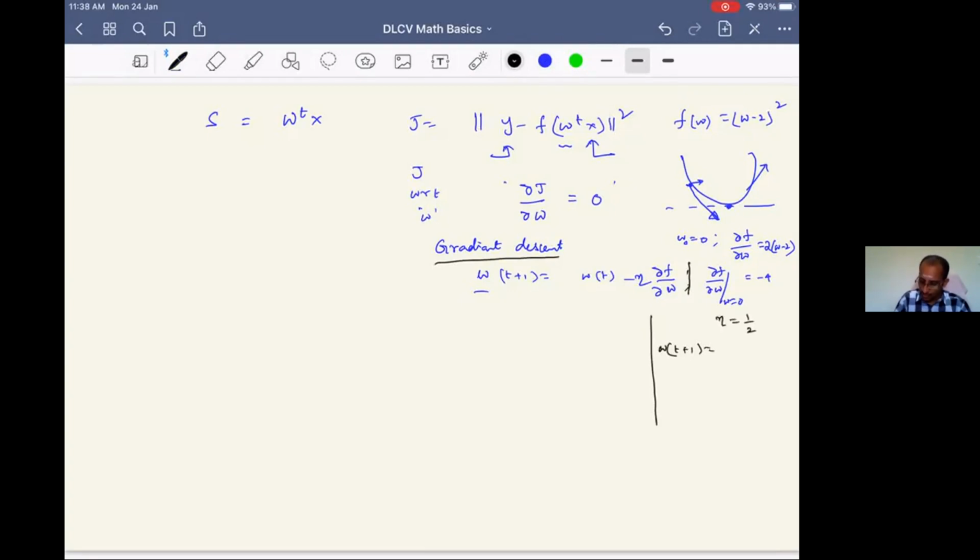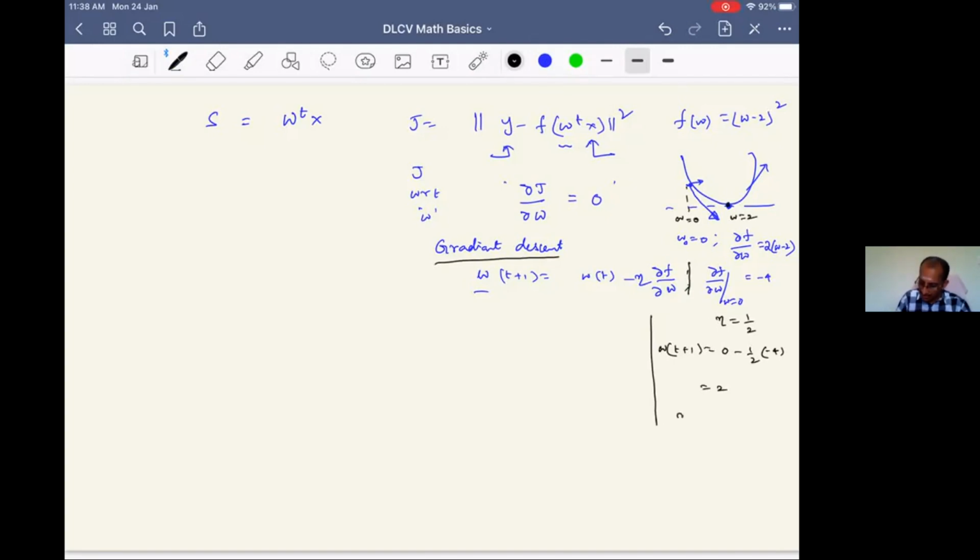Now 0 minus half into minus 4, which is equal to 2. So did we reach the minimum or not? Yes. Here w was 0 and now w equals 2. This is the minimum of the curve, so you are able to reach the minimum like this.